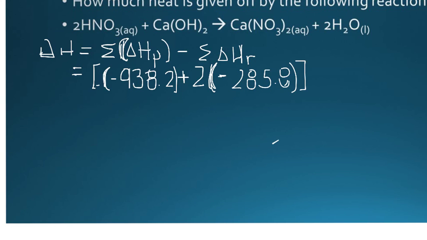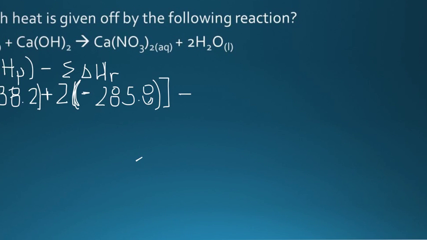Now we're going to subtract the delta H of the HNO3. There's two of those, and that heat of formation is negative 173.2.